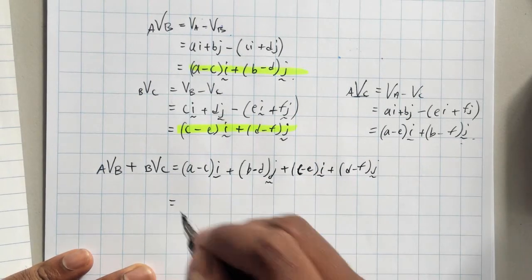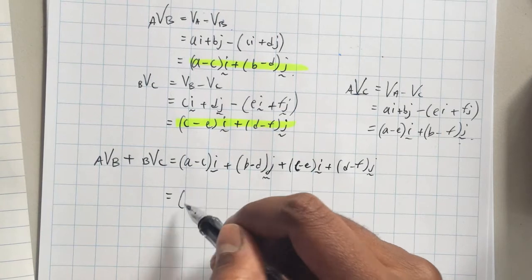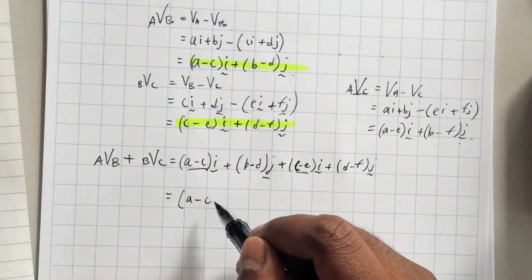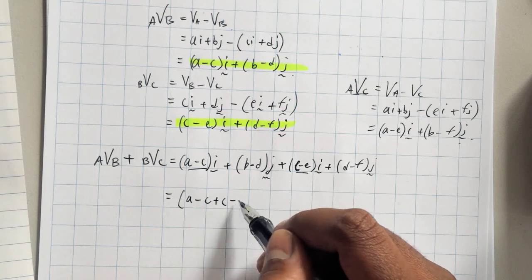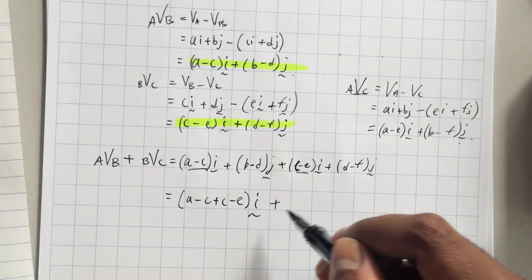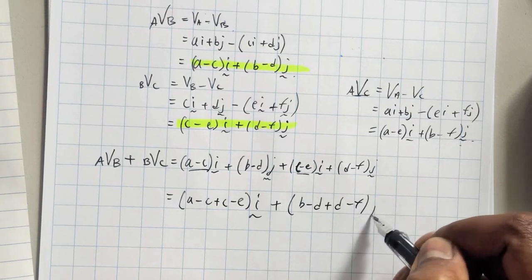Once again, let's collect my I terms and my J terms. So I've got A take C, plus C take E, that's I, and then B take D plus D take F.